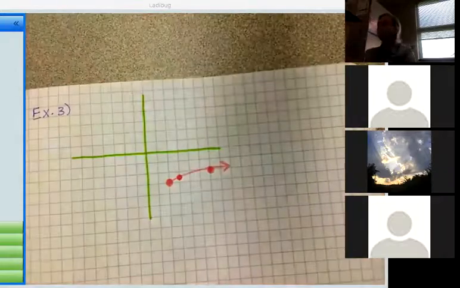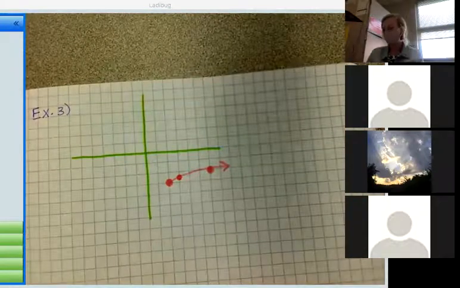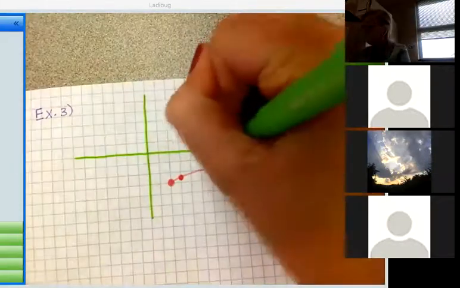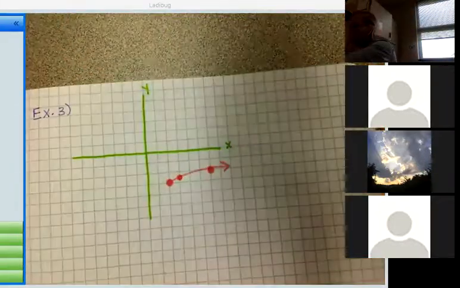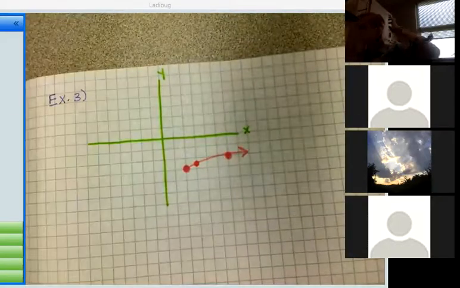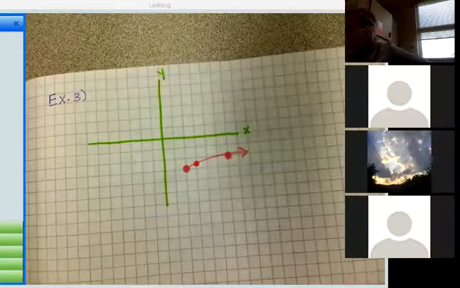Graph this function for me. Does anybody need me to call out the ordered pairs? Will that be helpful? Okay, the ordered pairs are 2, -3. Then the next one is 3, -2.5.